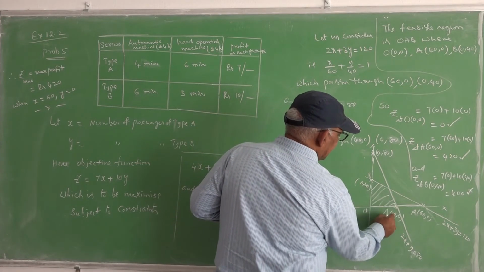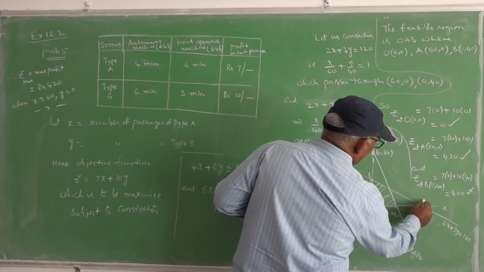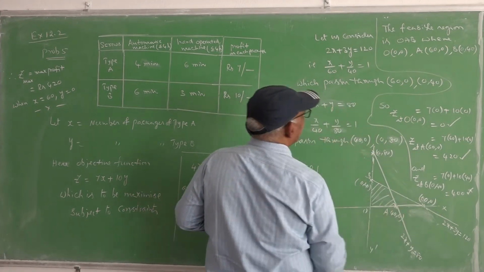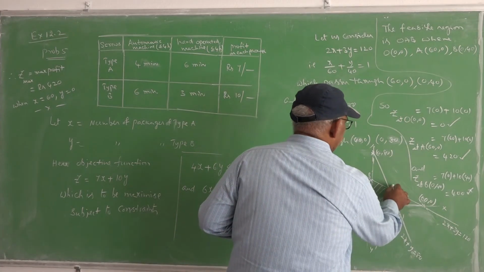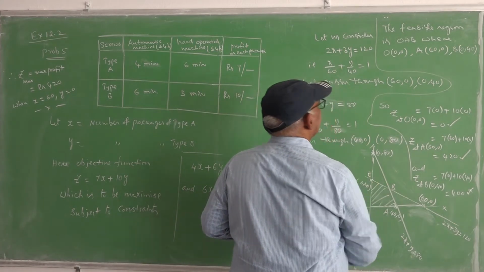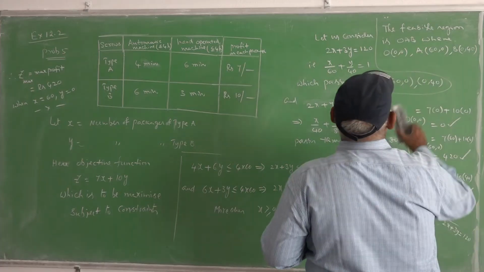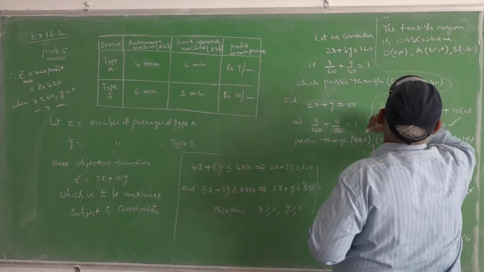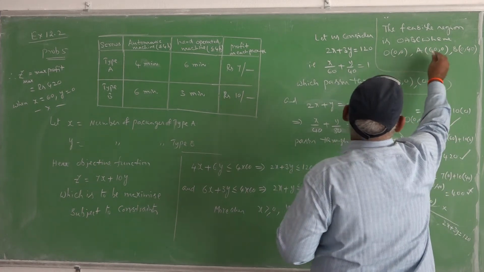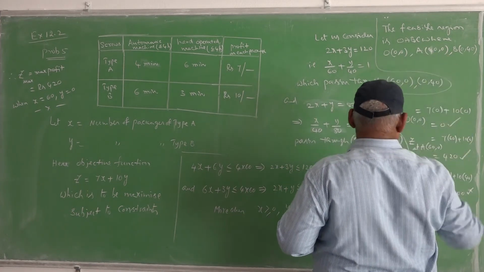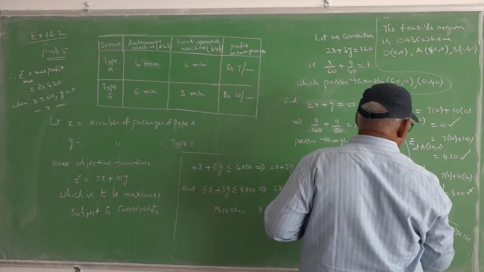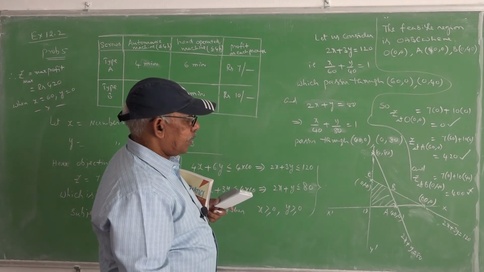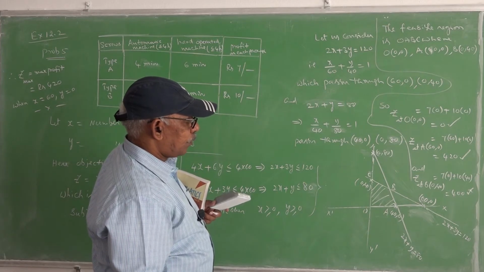Consider this point as A, this point as B, this point as C. Let us consider the feasible region as OABC, where O is 0, 0, A is the point 40 comma 0, and B is the intersection of these two. The intersection of these two is, y is 20.